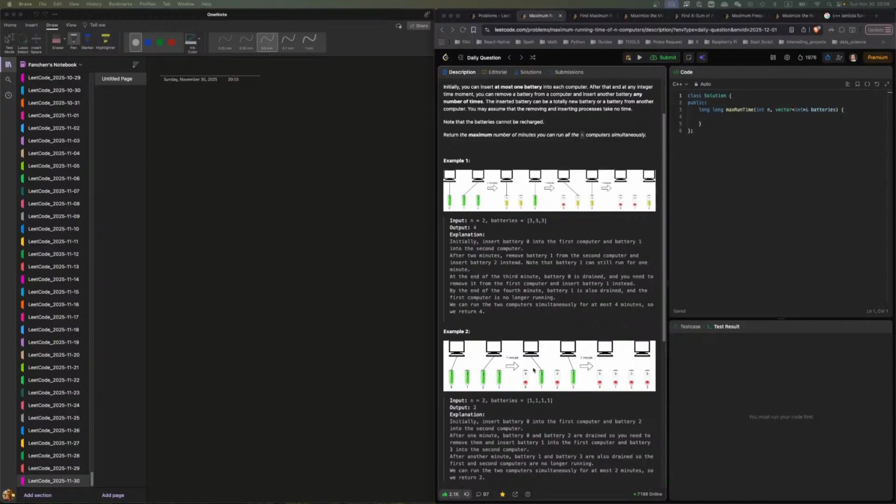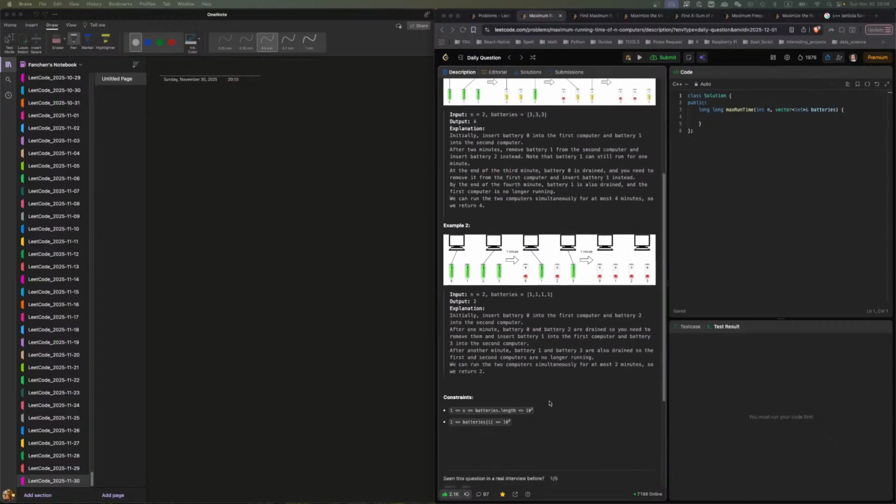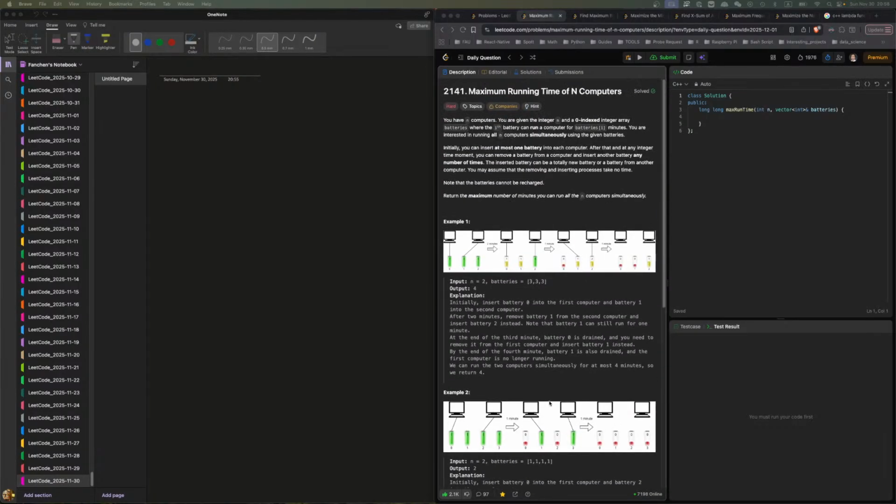Yeah, this can only run for 2 minutes. I don't remember at all how the solution is.